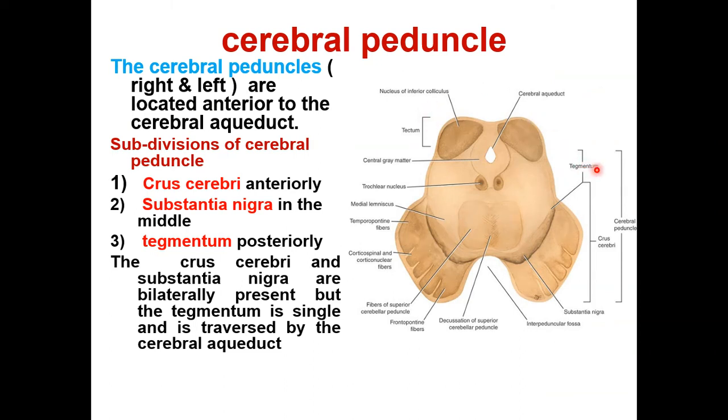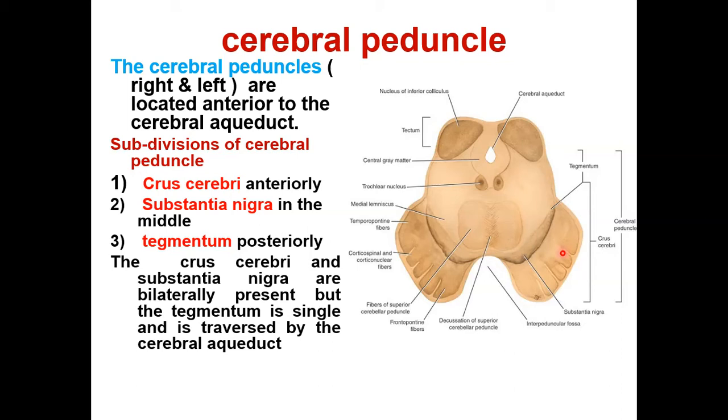Now we are going to discuss the parts of the cerebral peduncle. With my laser pointer, this whole structure is known as the cerebral peduncle. It consists of the tegmentum, this middle portion, the two substantia nigra, and two crus cerebri.